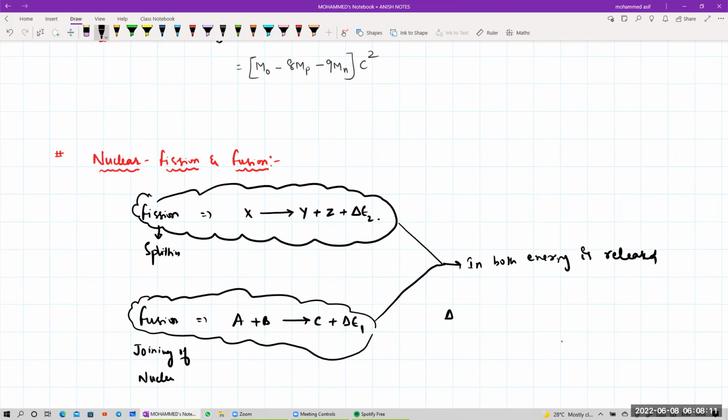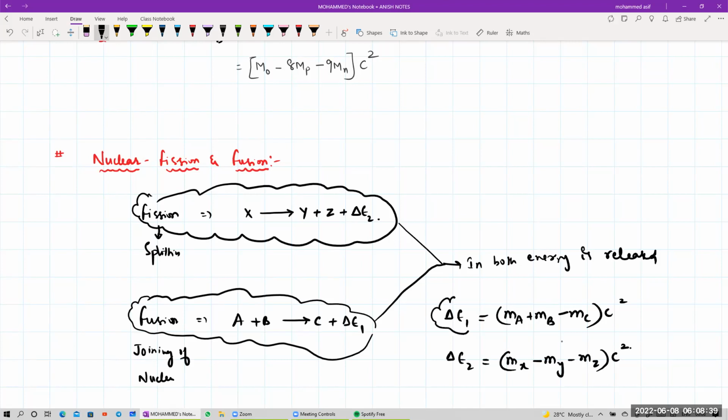Okay, if I'm writing delta E1, delta E1 will be equal to mass of A plus mass of B minus mass of C into C square. The same way, energy released in the fission, delta E, will be equal to mass of X minus mass of Y minus mass of Z into C square. Clear?